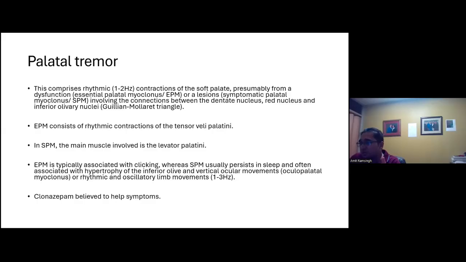So what the patients complain of, in EPM, they usually complain of clicking, and it usually, as opposed to symptomatic palatal myoclonus, this persists in sleep and is often associated with, if we do an MRI scan, inferior olivary hypertrophy, as well as rhythmic and oscillatory limb movements. So both of these entities, clonazepam could help both symptoms.